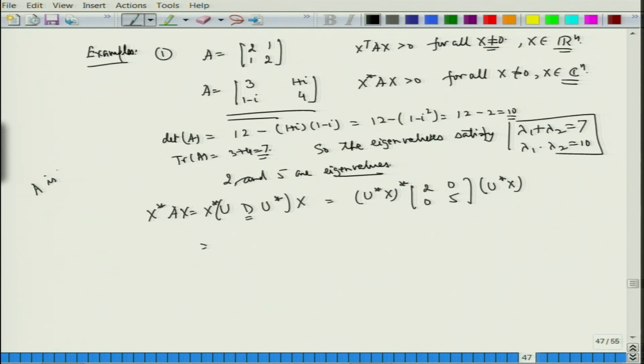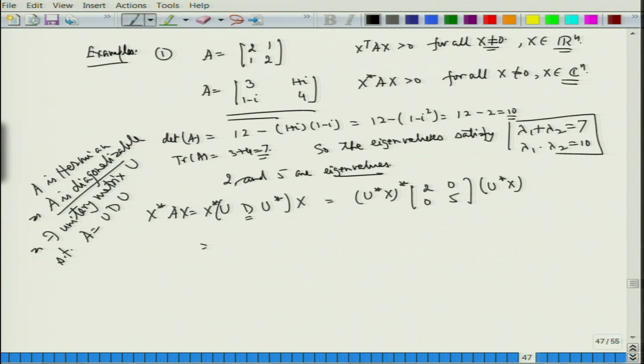A is Hermitian, which implies A is diagonalizable, which implies there exists a unitary u such that A is equal to u d u star. All right, this is what we are using, fine.